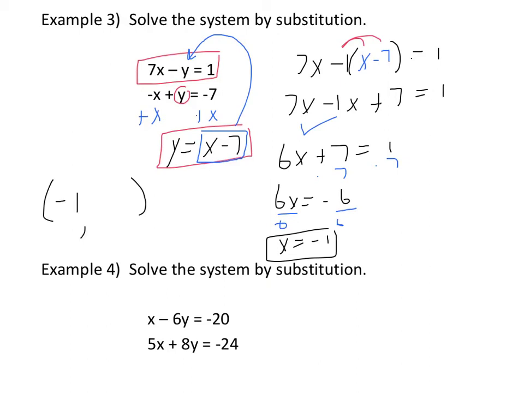We can take that now and substitute into either equation, but I'm going to plug it into the one that's going to be easiest for me to use, in which case we would have y equals negative 1 minus 7. So y is equal to negative 8. And again, if we graphed it, it would intersect way down here in the third quadrant.